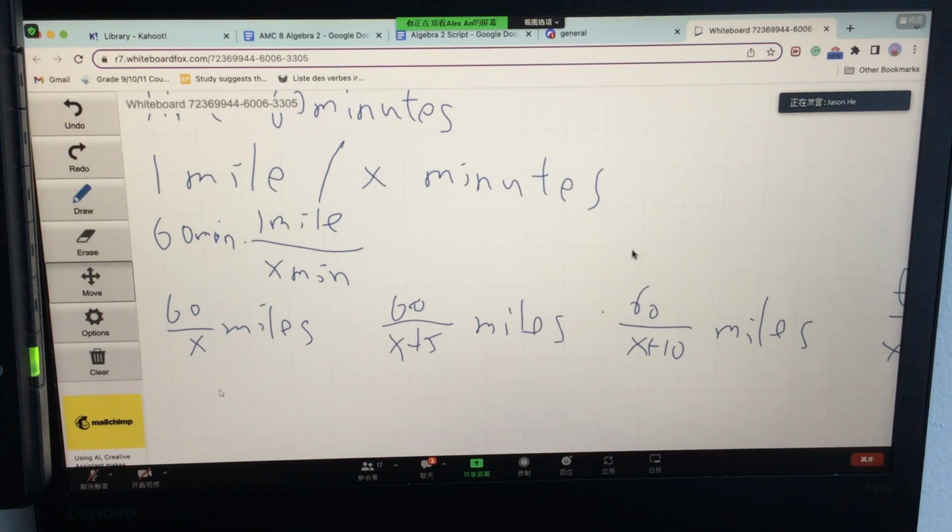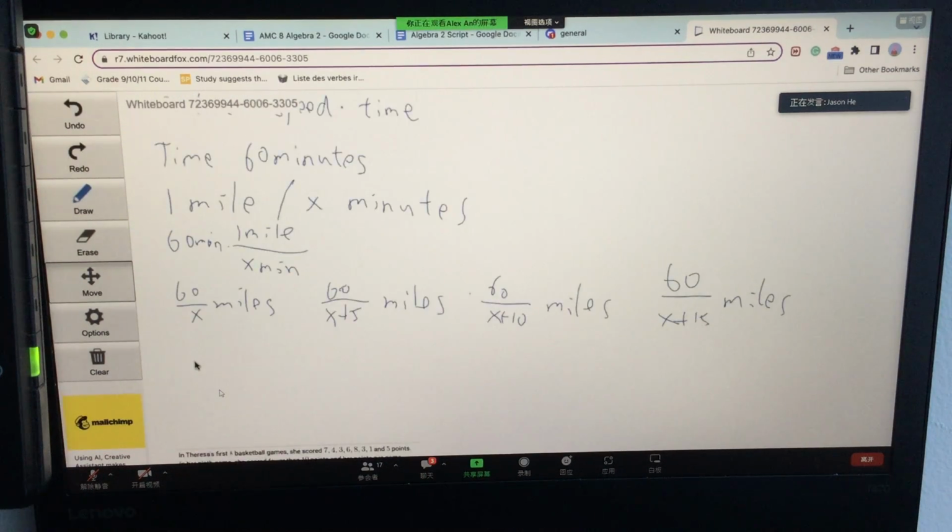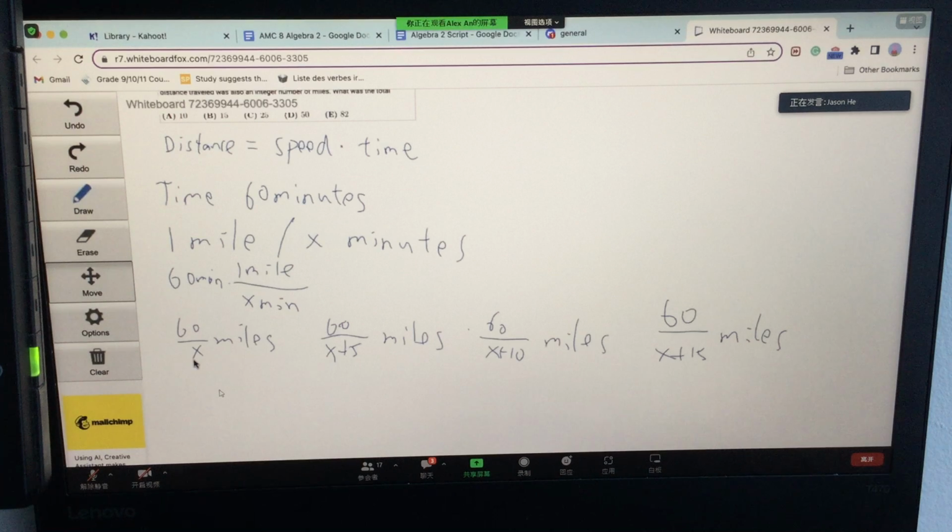And so we know that these are all integer numbers. So we can now factor 60 and then find the x.